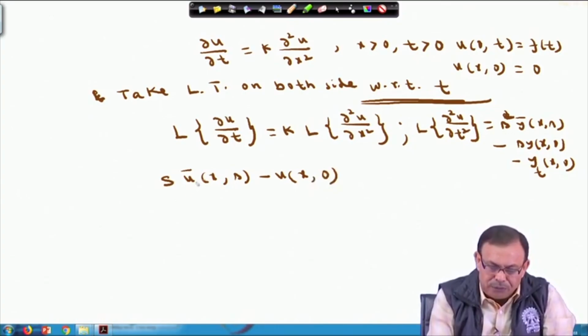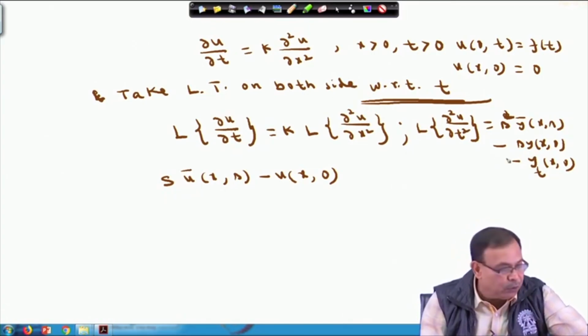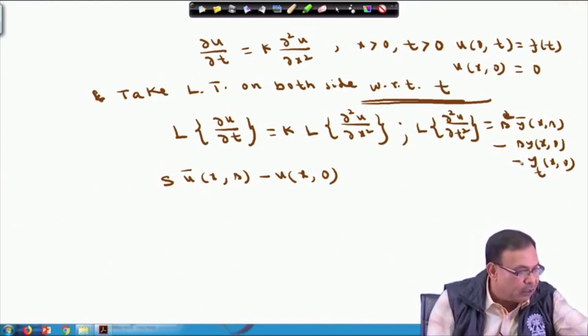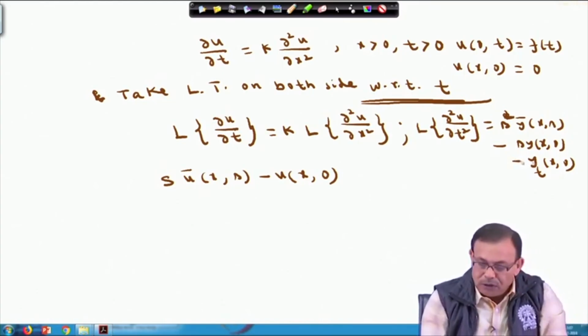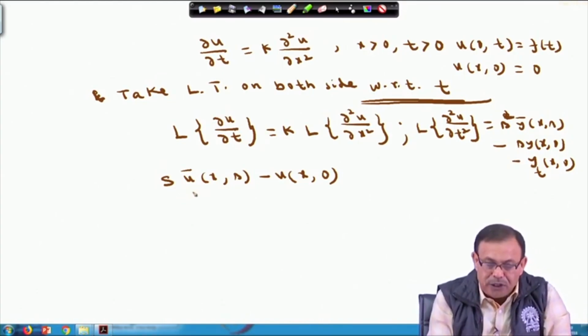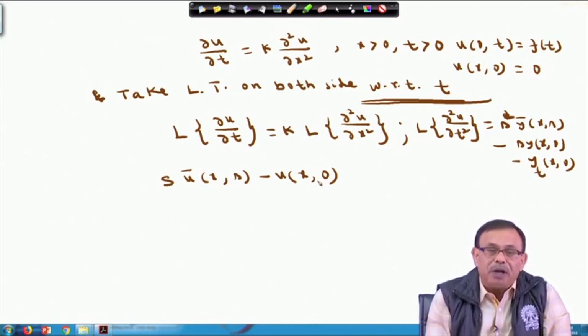Sorry, this is ∂u/∂t I am doing. So, for ∂u/∂t it is s ū(x,s) minus u(x,0), because you are taking the Laplace transform with respect to t, not with respect to s.